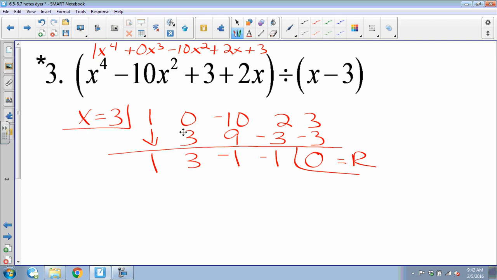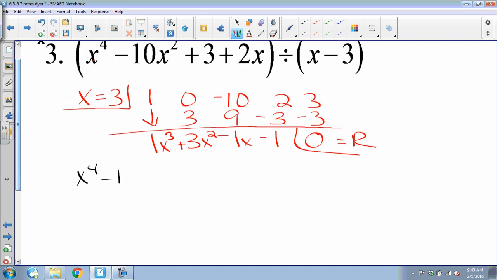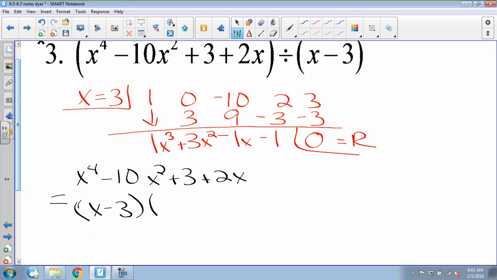Okay. So let's add back in our answers. This starts with x to the 4th, so this has to be x to the 3rd. That's positive. So then it has to be x squared minus 1x minus 1. So recognize that x to the 4th minus 10x squared plus 3 plus 2x is equal to x minus 3, that's one factor, times x to the 3rd plus 3x squared minus x minus 1.